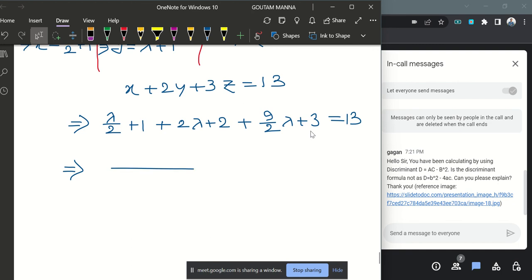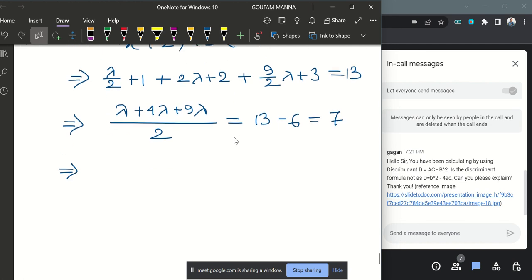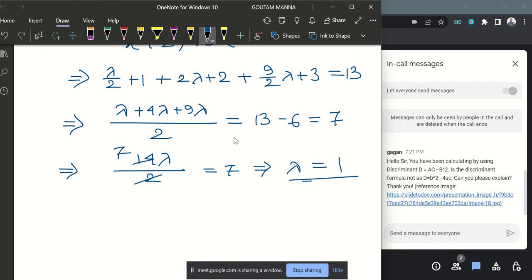Now if you do this calculation, it will be 2 lambda plus 4 lambda plus 9 lambda equals 13 minus 6, which is 7, and here you will have 9 plus 1 plus 4, 14 lambda by 2 equals 7. It implies, so 2 and 14 is 7, lambda equals 1.